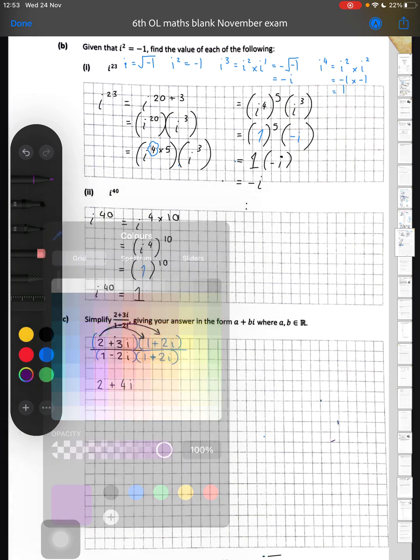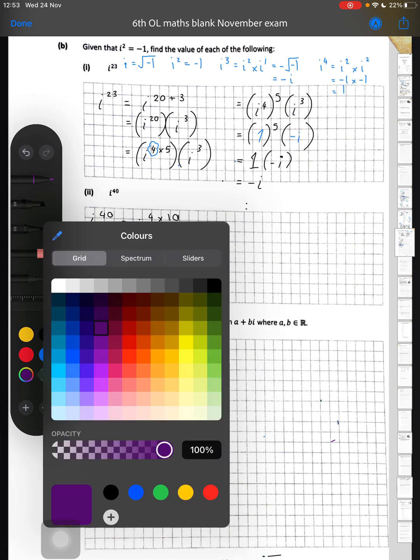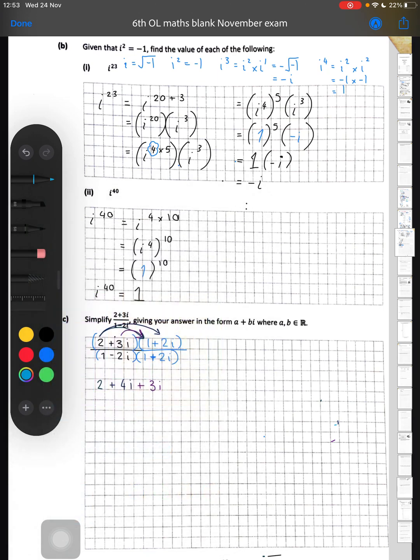Okay, then I'm going to have the second thing in the first bracket. So plus 3i by 1 is going to just give me plus 3i. Then I need to multiply the second thing in the first bracket by the second thing in the second bracket. So 3i by plus 2i is plus 6i squared.